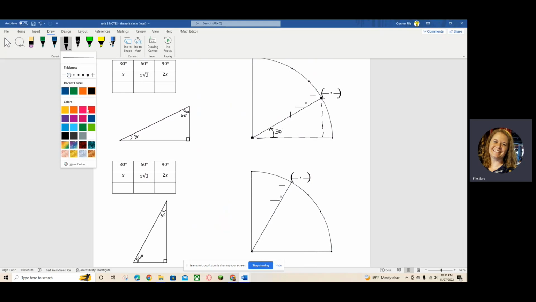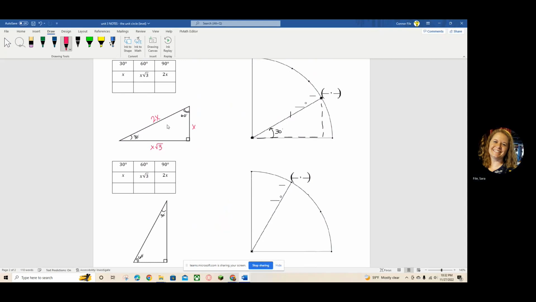Okay, so here, the ratios that you need to remember is that the short leg, the one across from the 30, is x. The hypotenuse is double that, it's 2x. And then the long leg, the one across from the 60, is x root 3. Okay, and that's what those ratios are for.